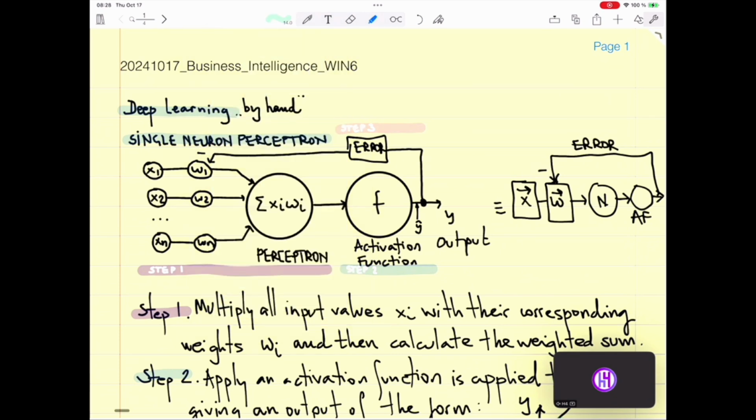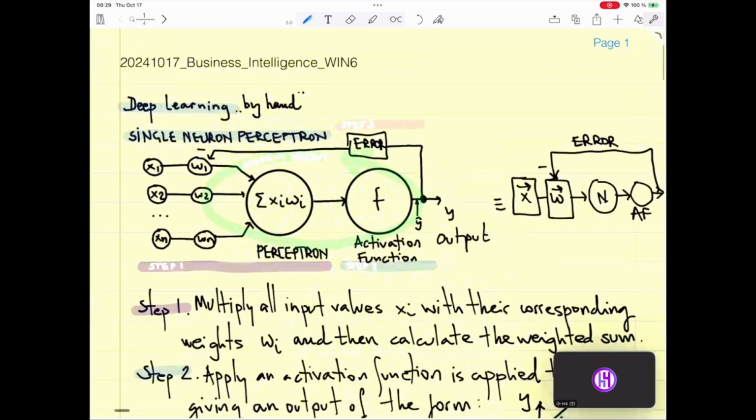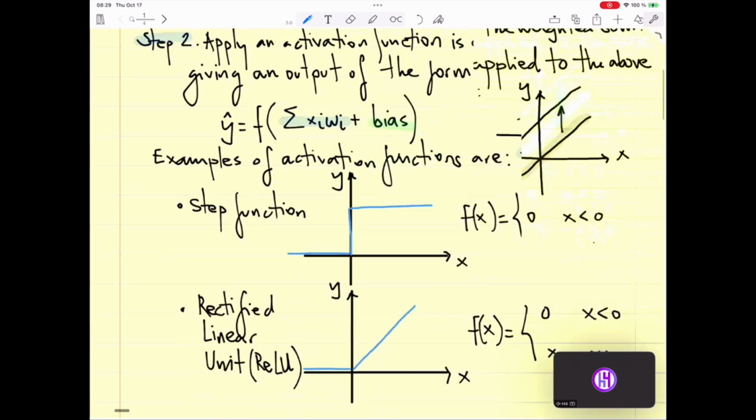We do several loops, and the loops are called gradient descent, which is step 4.